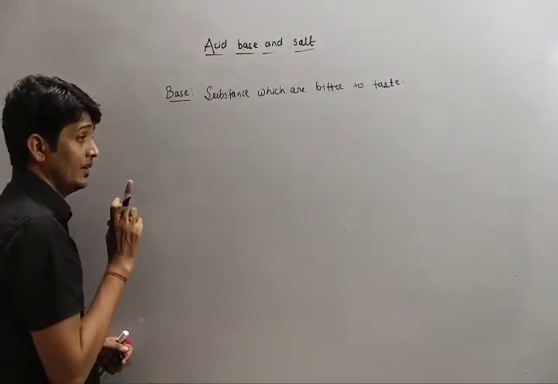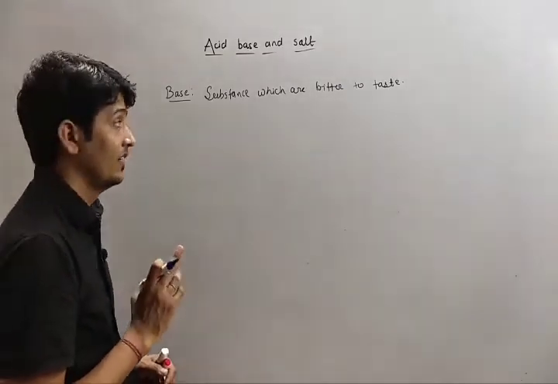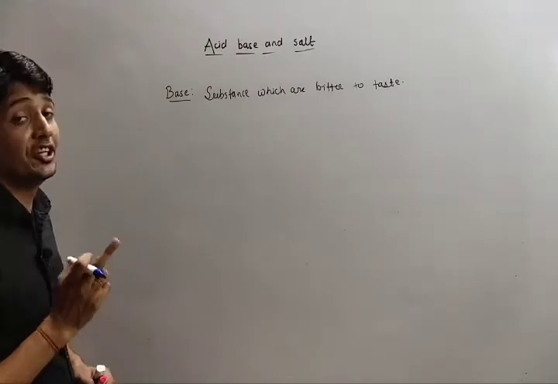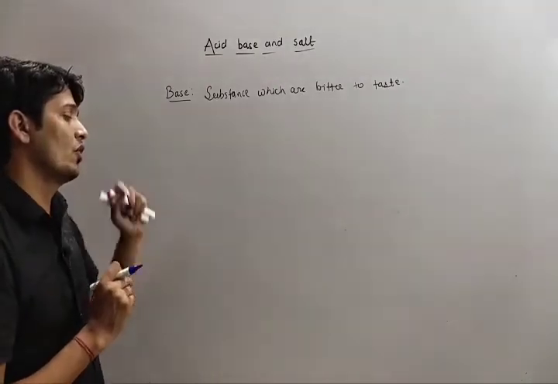So in acid we have seen acid releases hydrogen ion and base releases OH negative ion. But before ions we have to understand what is the litmus test for base.